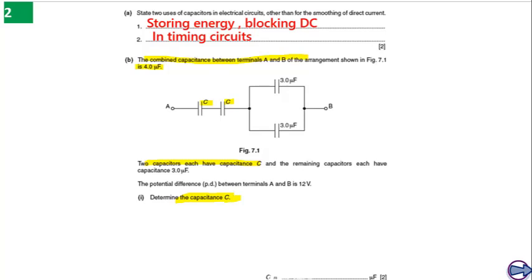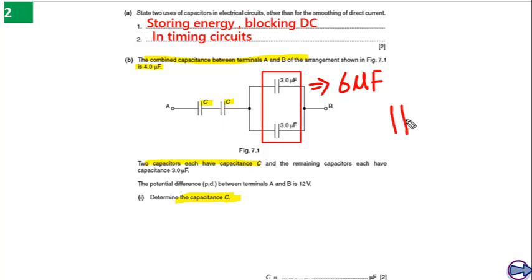How we can find this is quite straightforward. It is based on the principle of capacitors in parallel and in series. First of all, we have two capacitors connected here in parallel, so their combined capacitance will be equal to 6 microfarads.